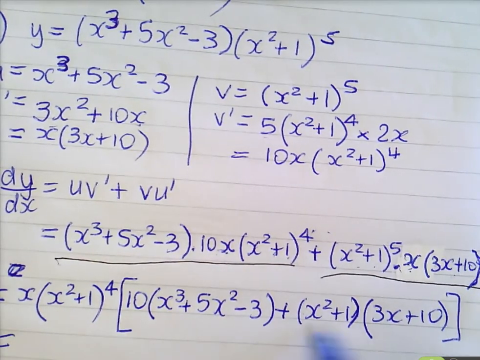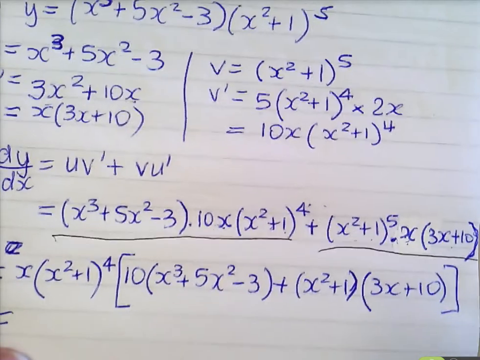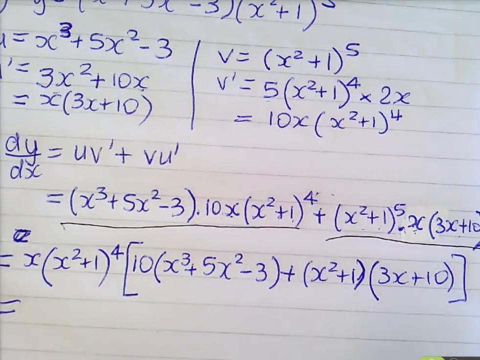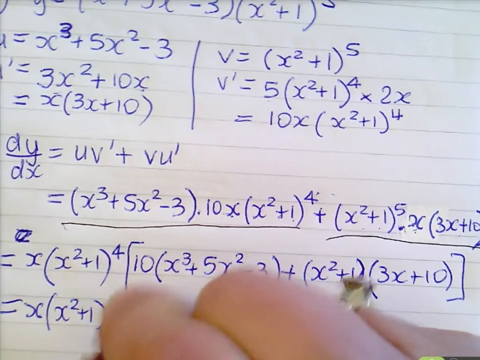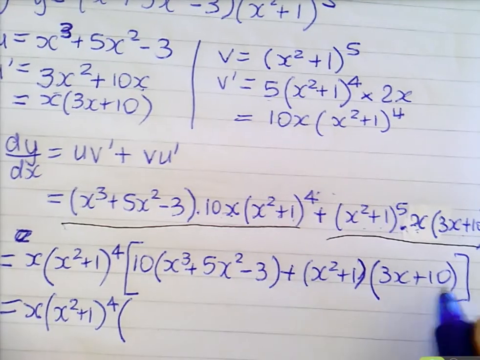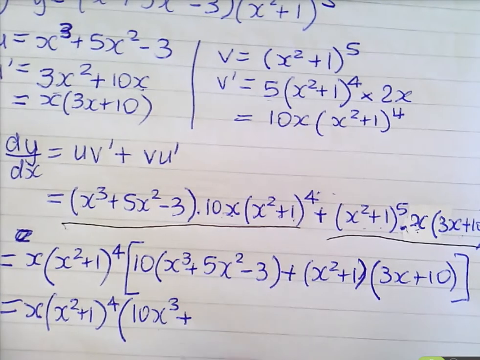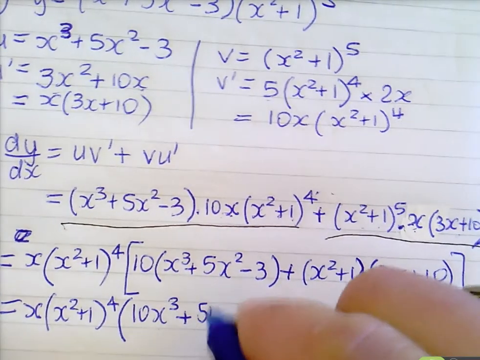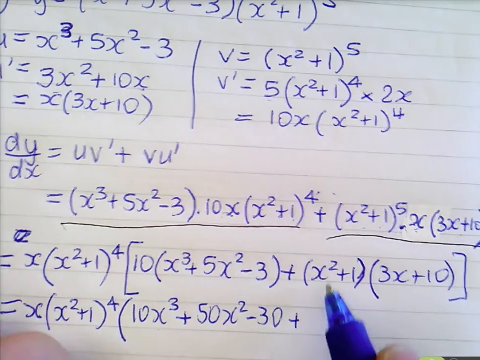Girls, I think we need to expand this. Okay? Bracket, x squared plus 1 to the power of 4. Now, we'll expand this, and we're going to expand that, all right? We've got 10x cubed plus, what else? 50x squared minus 30. Now, to save yourself a line, what have we got here?